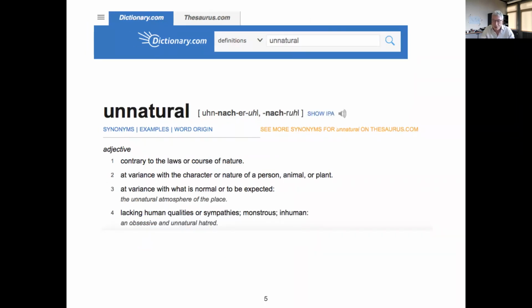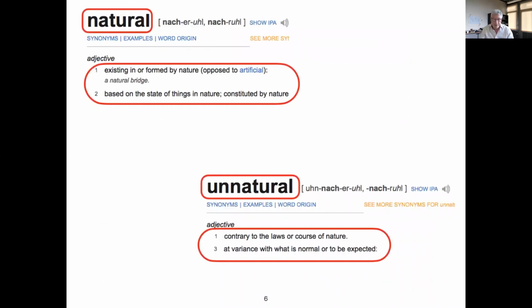You put unnatural in your search engine, and you get that unnatural is something which is contrary to the laws or course of nature. Variance is what is normal or to be expected. These are the interesting human definitions, of course. So I'm going to pick up two of them. Natural is something which is existing or formed by nature, or based on the state of things in nature, constituted by nature. And unnatural is something which is contrary to the laws or course of nature.